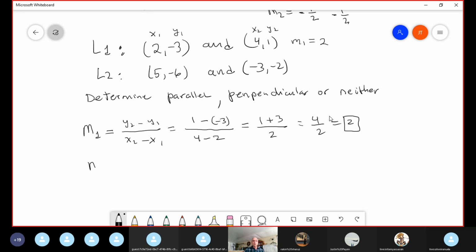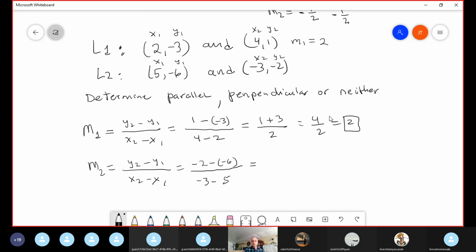For the second, slope 2, same formula, but different numbers. So this is x1, y1, x2, y2. y2 is -2, minus y1 is -6, divided by x2, which is -3, minus x1 is 5.